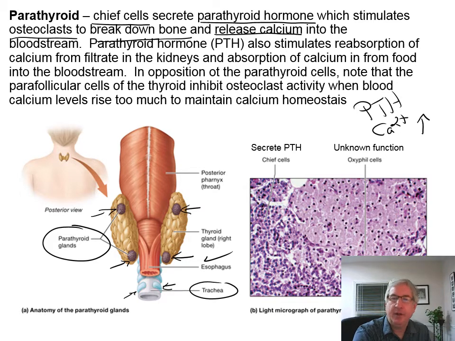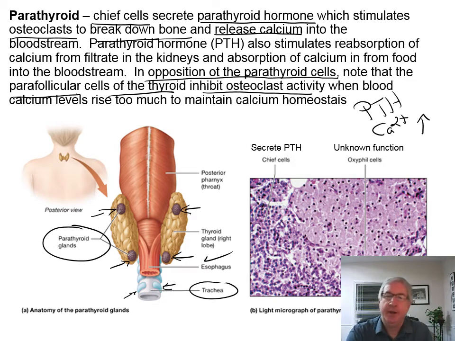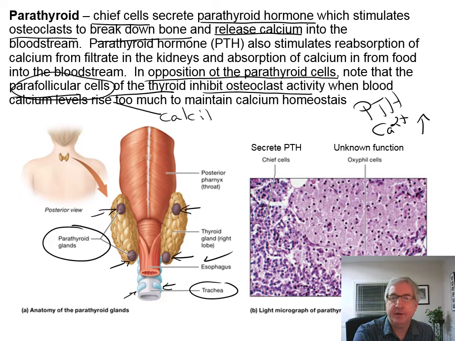goes up. Now, in opposition of the parathyroid cells, there are the parafollicular cells of the thyroid, and those inhibit osteoclast activity when blood calcium rises too much. So parafollicular cells secrete calcitonin, and that causes calcium levels to go down.